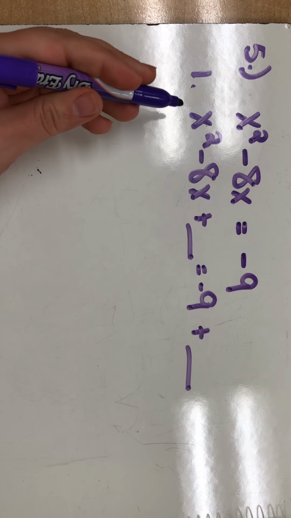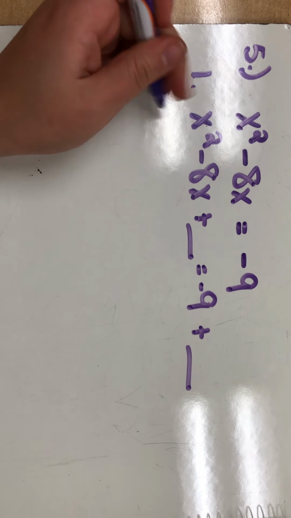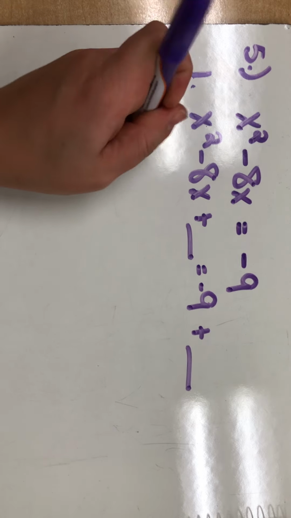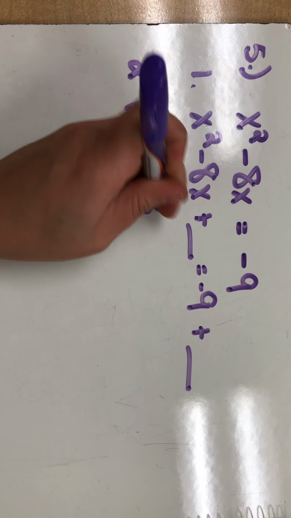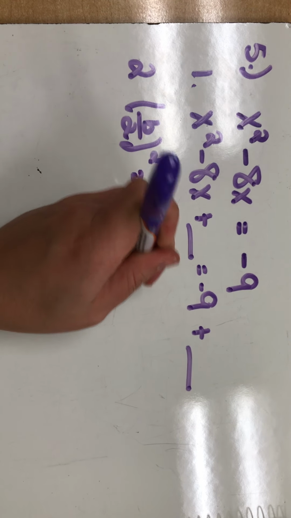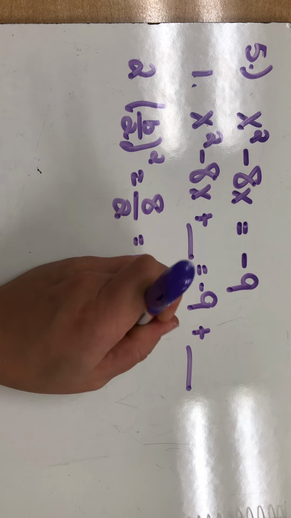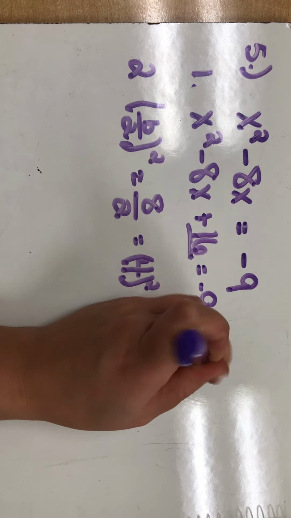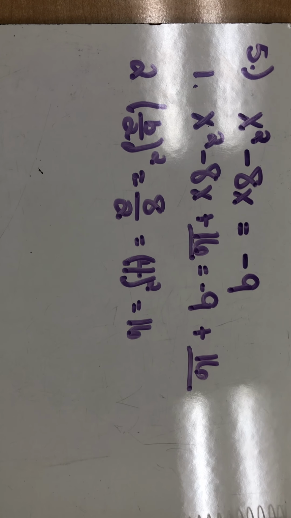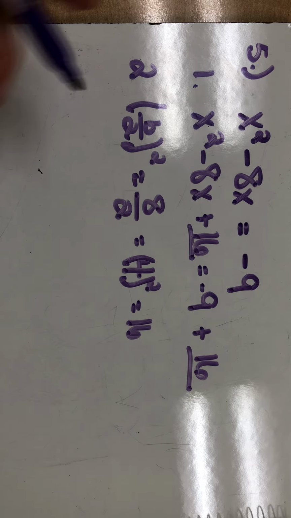Okay, now step 2, take b divided by 2 and square it. So 8 divided by 2, that's 4. When you square it, you get 16. So I'm going to put 16 on both sides. Okay, you ready?